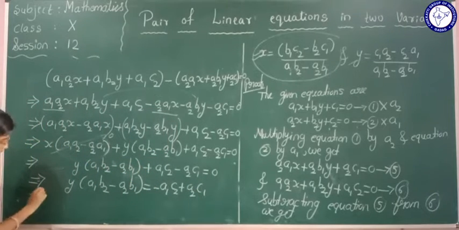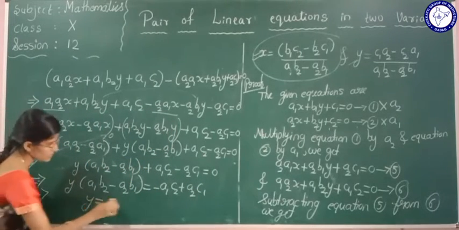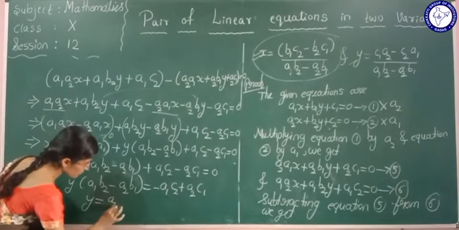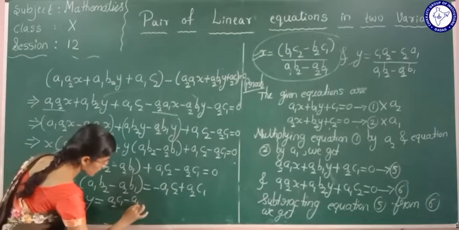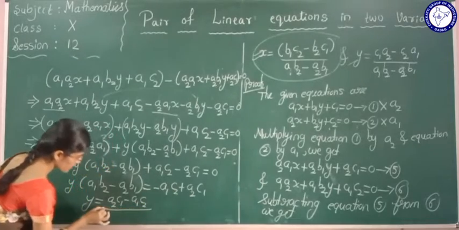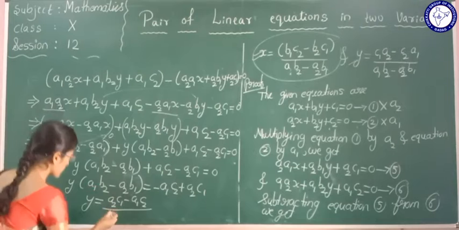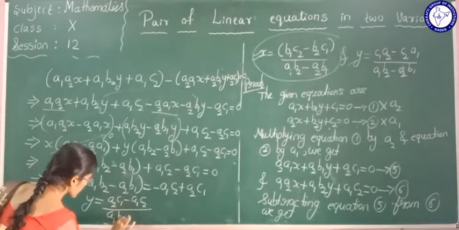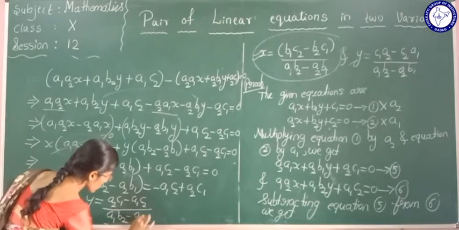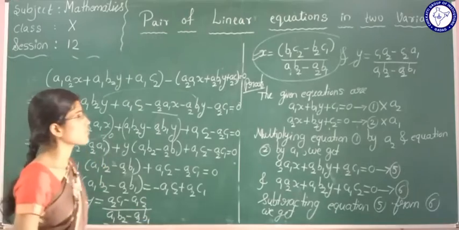So this implies y can be written as a2c1 minus a1c2 divided by a1b2 minus a2b1. Now see whether we got the same value.